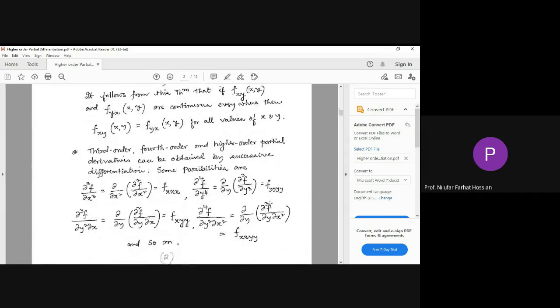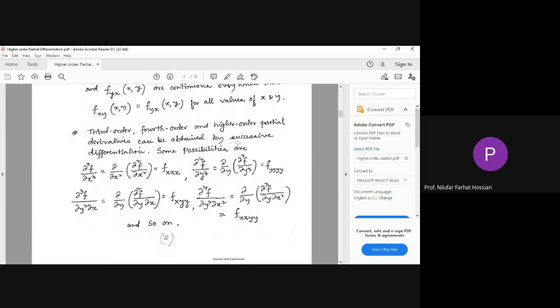Okay, now you can perform third order, fourth order, and higher order partial derivatives in a similar way. So del cube f by del x cube, what will it be? It means the third order partial derivative of f with respect to x. Sorry, there cannot be any square here.